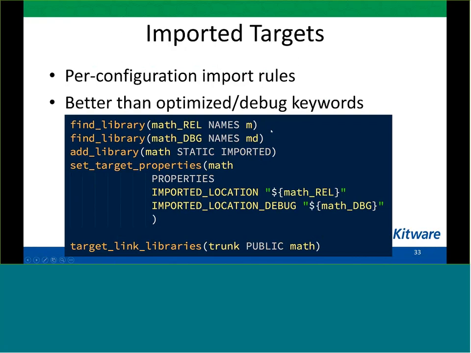I'm going to create one target called math, and then I'm going to set the import location to math release and the import location debug to math debug. And then I link trunk to math. But at that point, the person using math doesn't even know if there's a debug or a release version. They just know that they want to link to math.